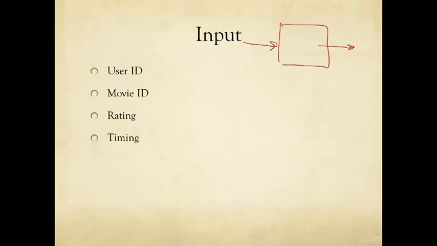What are the inputs? First of all, the user ID. That's your login. We're going to index users by u. Second, the movie ID. We're going to index each movie by i. And then there will be, of course, a rating, which is really a number drawn from 1, 2, 3, 4, 5 stars.